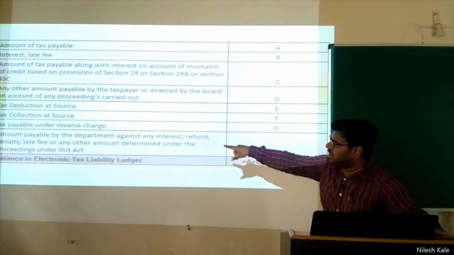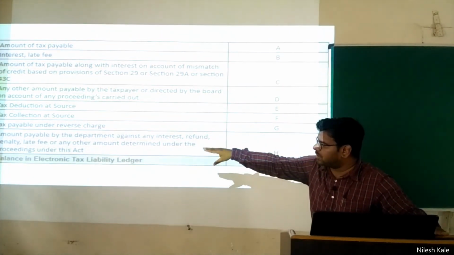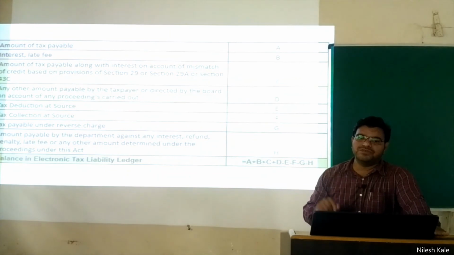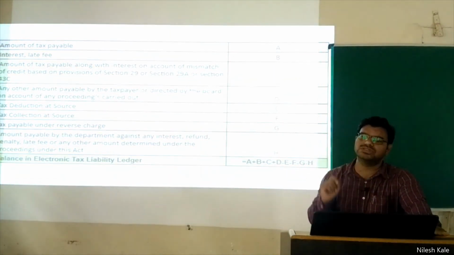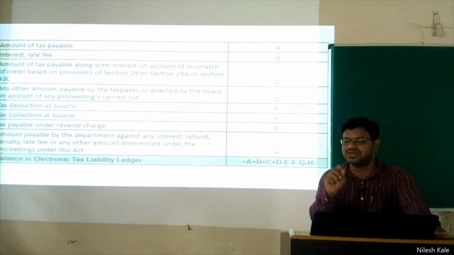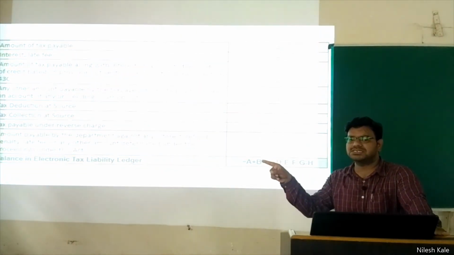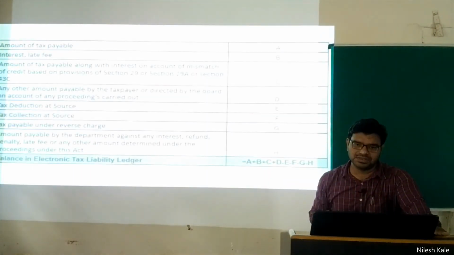One more, amount payable by the department against the interest or refund, penalty, late fee. See, if you are paying someone else 100 rupees and that person has to pay you 30 rupees, now why don't you set it off here itself? If you pay 70 rupees to that person, the transaction gets cancelled, he need not pay you 30 rupees back.